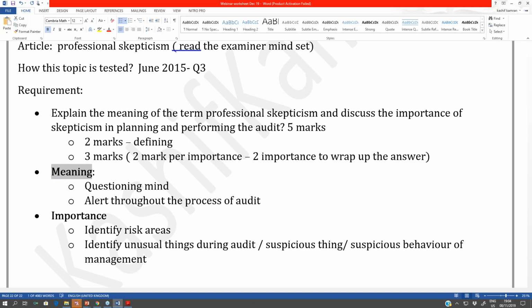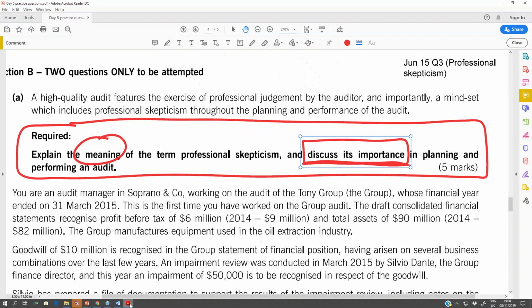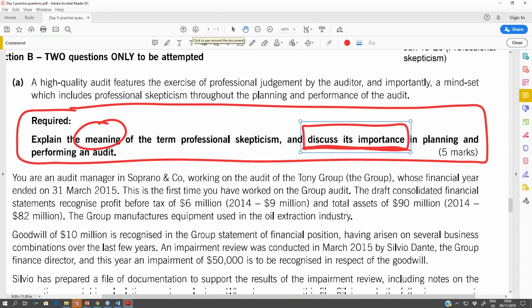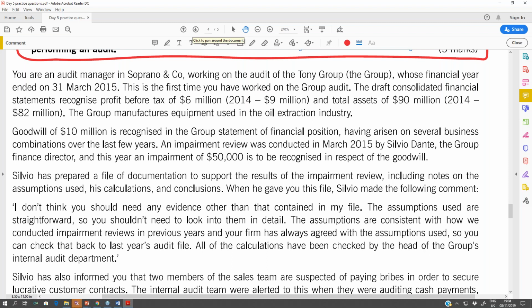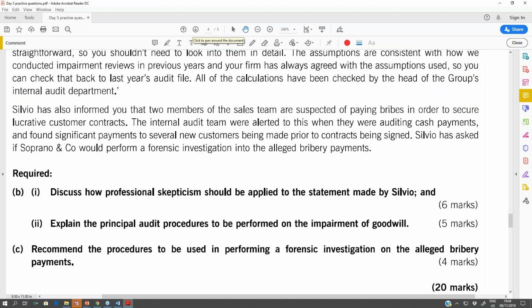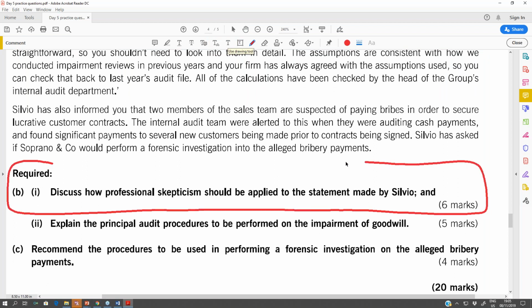Now comes an important part of this question. You go down this question; this was part A. Now you see a case, and followed by the case, there is a requirement on the case study. See this requirement, B. It says, discuss how professional skepticism should be applied to the statement made by Silvio.